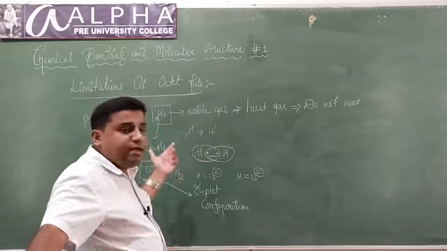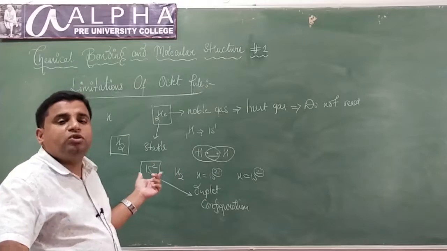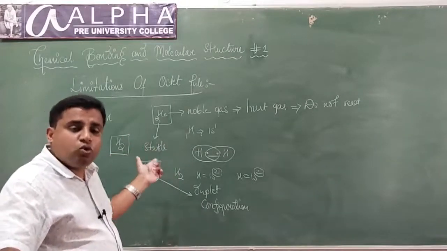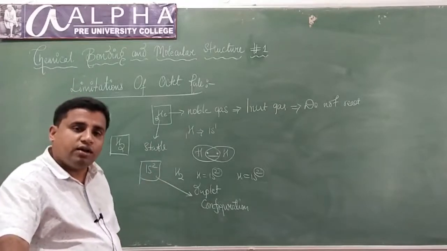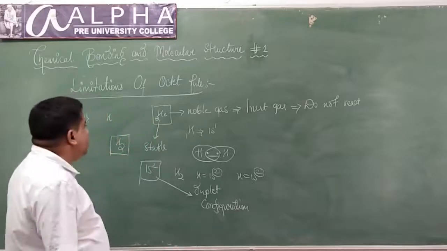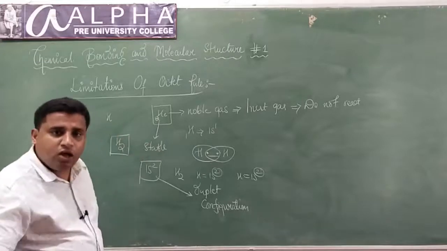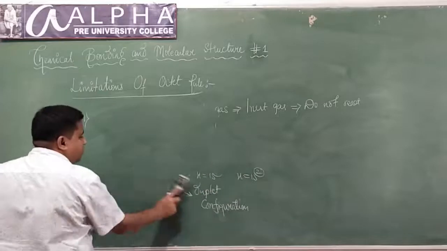Is helium stable because of octet configuration? No. There can never be an octet configuration in helium, only a duplet configuration. Are we clear? This is one of the limitations of the octet rule: it is not obeyed for hydrogen and helium. Now we shall consider some more limitations of the octet rule.